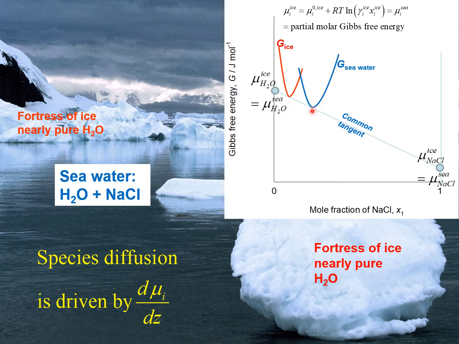The reason there is no diffusion of sodium chloride into the ice fortress is because the system is in thermodynamic equilibrium. The inescapable conclusion to be drawn from this example is that species diffusion is driven by the gradient of the chemical potential rather than the gradient of the mole fraction, as is assumed in Fick's law of diffusion.